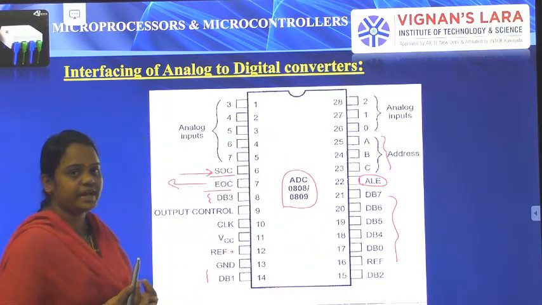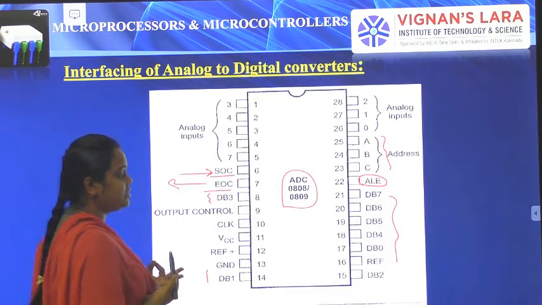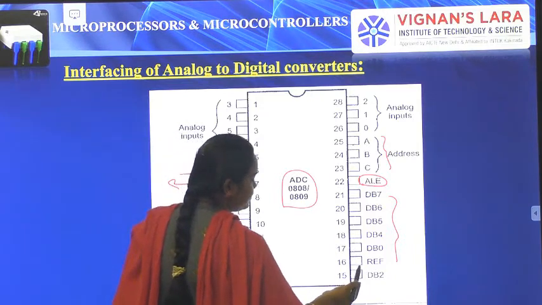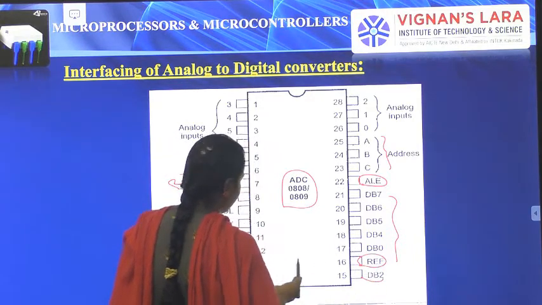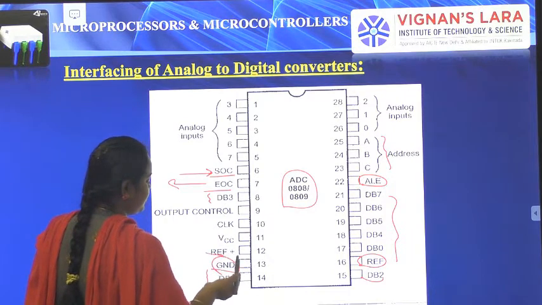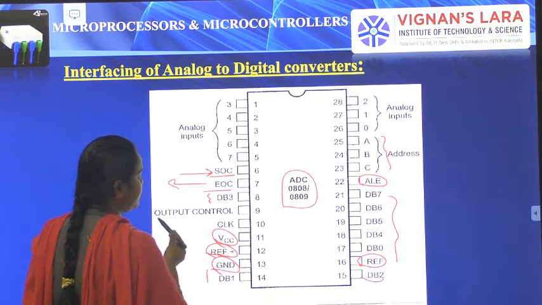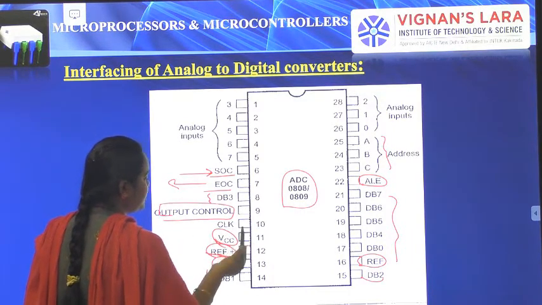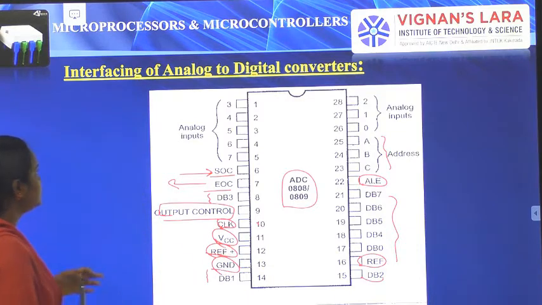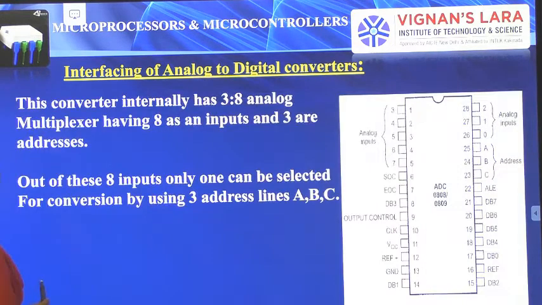Whenever the port carries the address, the address latch enable is 1. Then there are the reference pin and the ground pin, and the reference plus VCC is provided here. The 9th pin is the output enable, and there is the clock. So this is the pin diagram of the 0808.